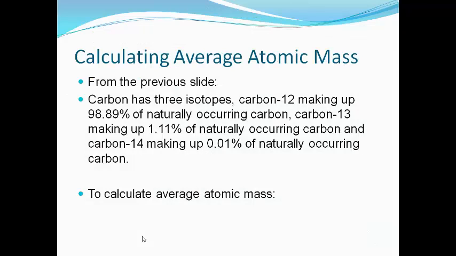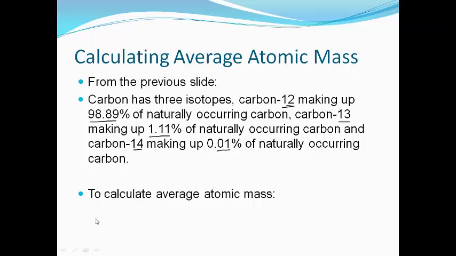So we want to figure out the average atomic mass. We need to take the mass numbers. Carbon 12 is 98.89%. Carbon 13 is 1.11%. And carbon 14, we're going to say is 0.01%. It said it was less, but that's what we're going to do.